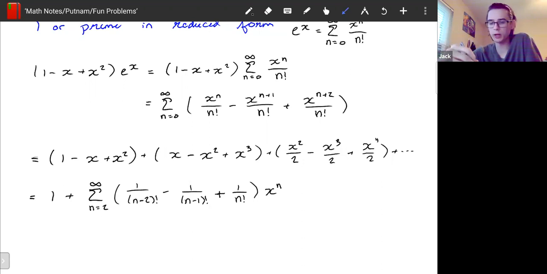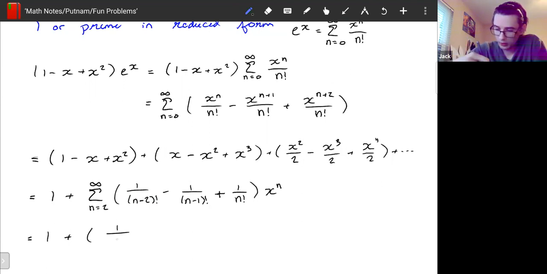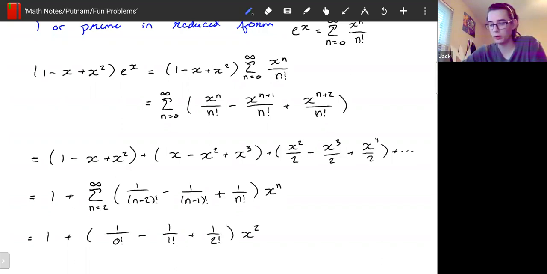And if we just plug this in and see what we get, when we plug in n equals 2, we get 2 minus 2, which is just 0. So this will be 1 plus 1 over 0 factorial minus 1 over 1 factorial plus 1 over 2 factorial times x squared, right?